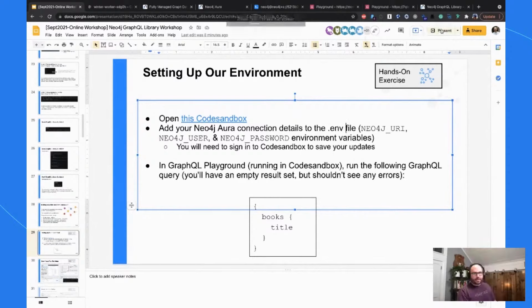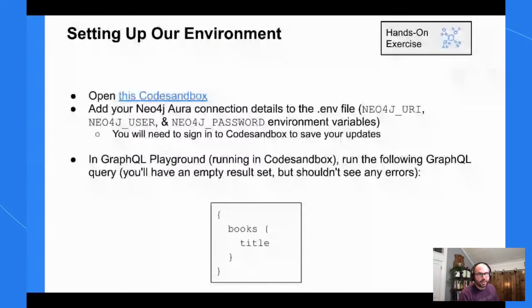But okay, let's pause here for just a couple of moments. If you have issues, drop a link in the Q&A or in the chat, and we'll try to figure out what's going on there. But hopefully everyone is able to open up that Codesandbox link, update the .env file with your Neo4j Aura connection credentials, and then run this GraphQL query that will return no results.